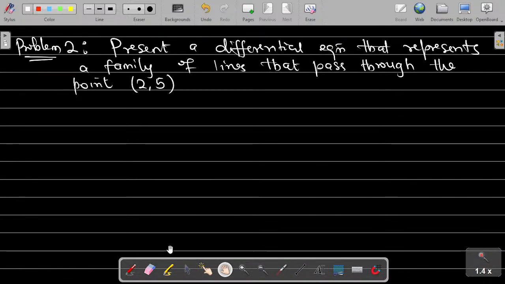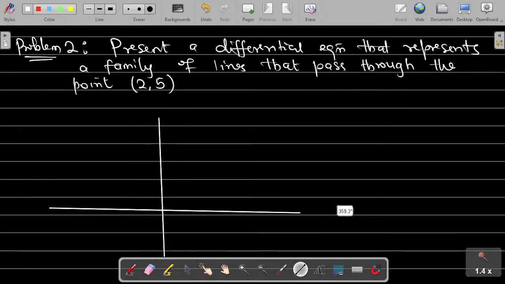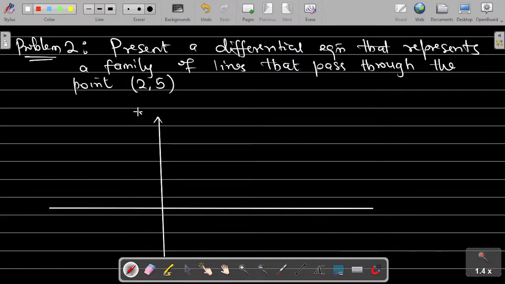If we have a family of lines passing through the point, it's going to be something of this nature. Of course, they gave that hint in the material. Let me draw it so that you'll be able to see what that is saying. Here is y and here is x, and let's assume here is 5, and then this point here is maybe 2. It's just a sketch.